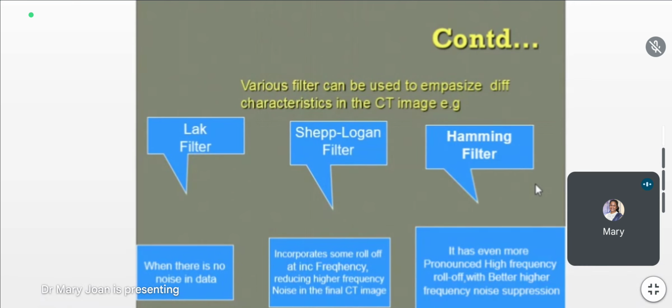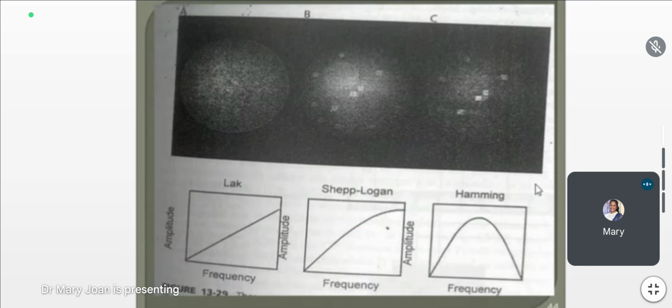So the filtration actually helps us to remove the low energy signals, and when we have high frequency signals, these advanced filters help us to remove the noise from the signal. This is an example of how the noise is removed using different filters.